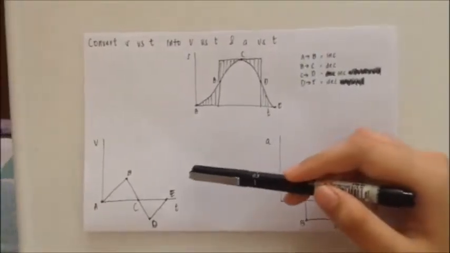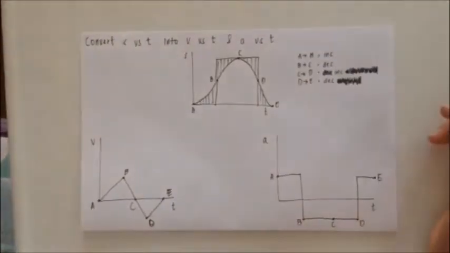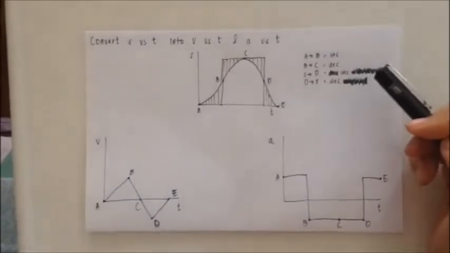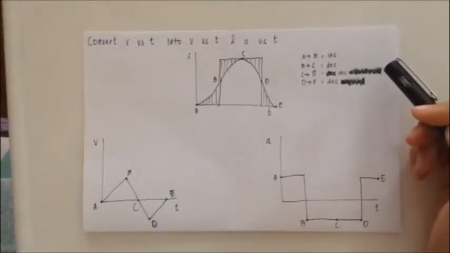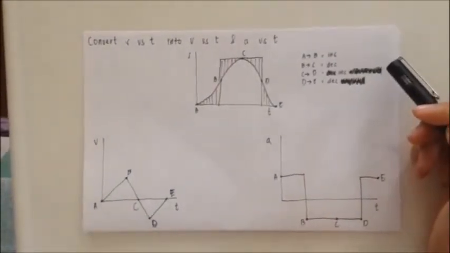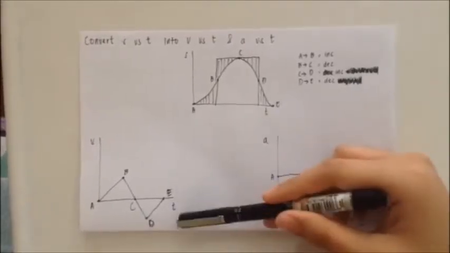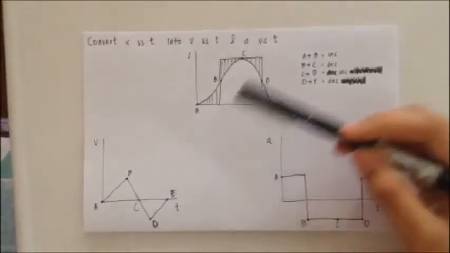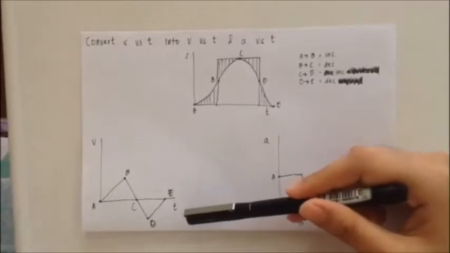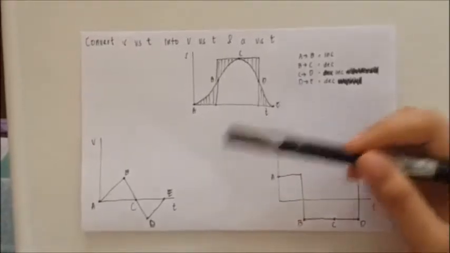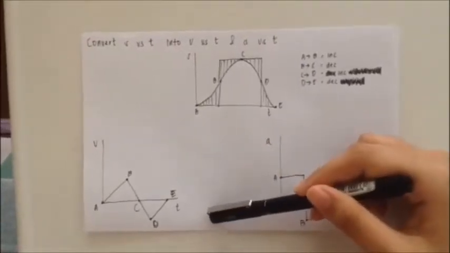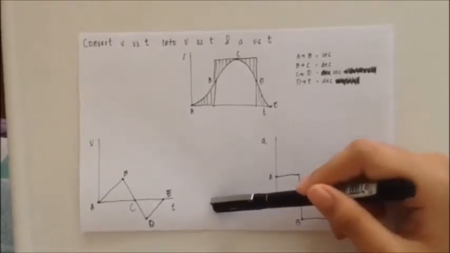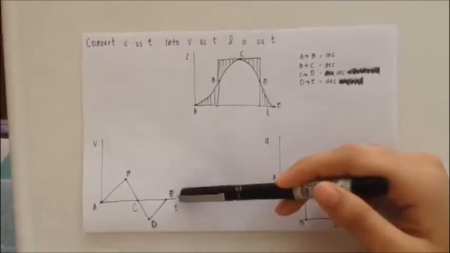And then from point C to point D, even though the movement increases, I considered its direction, which is downwards. So then I drew a line, and then for D to E, it decreases, but the movement is upwards. So I then drew an upward line to get to point E. As a result, this is the graph.